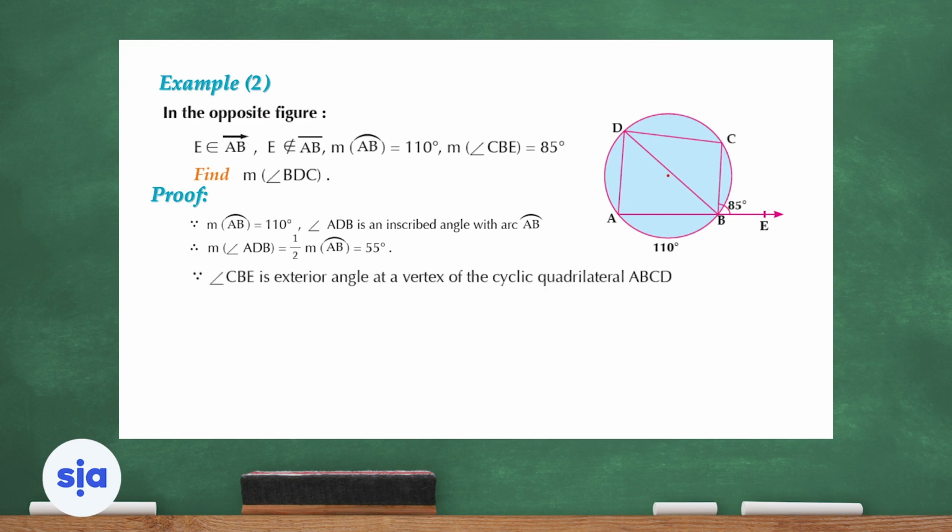Since CBE is an exterior angle at a vertex of the cyclic quadrilateral ABCD, the measure of angle CBE equals the measure of angle CDA, which is 85 degrees. So the measure of angle BDC is 85 minus 55, which is 30 degrees.